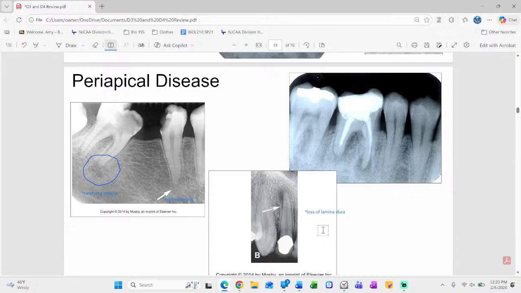Sometimes that PDL widening, as this picture shows, might be one of the first things you see, that the PDL starts to widen out a little bit at the apex, beginning periapical. But here, of course, we have a good rarefying osteitis also on tooth number 7.